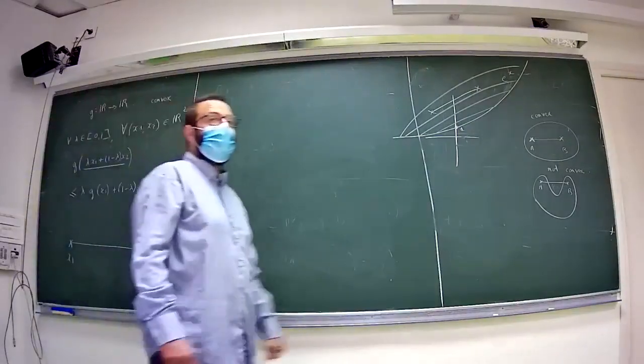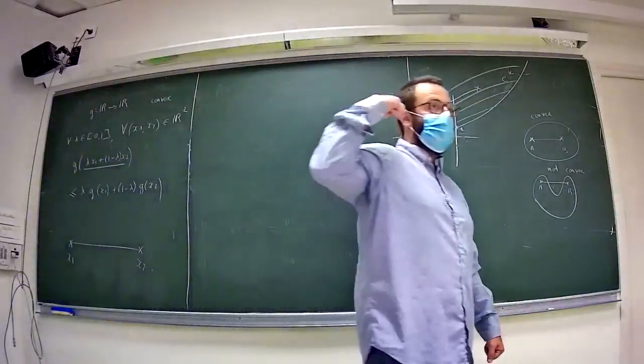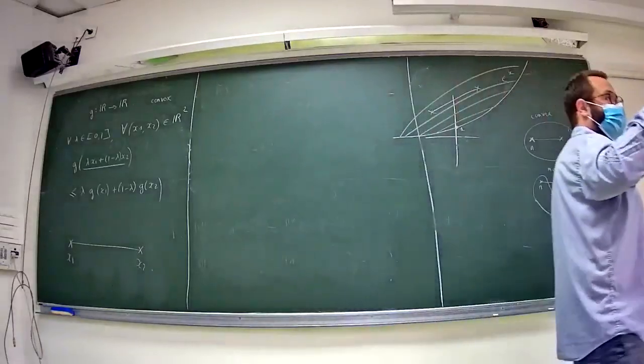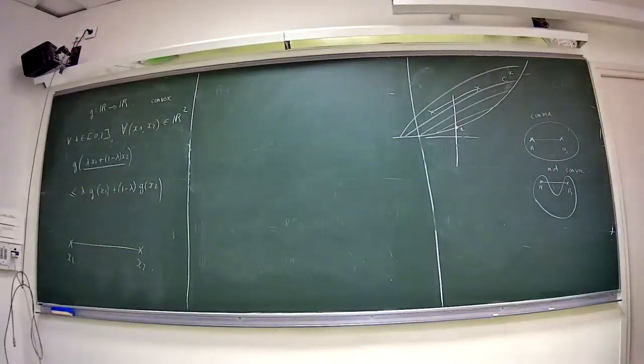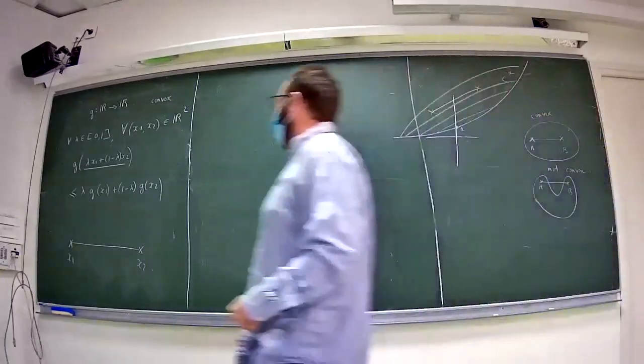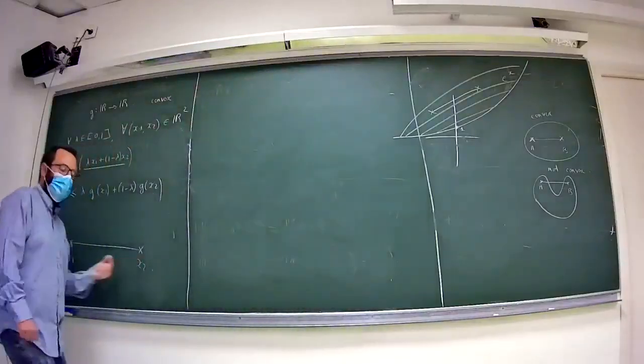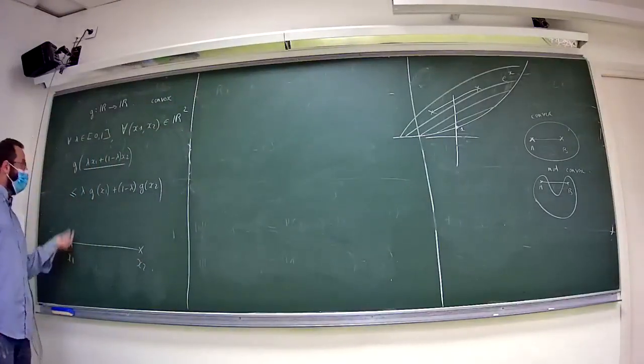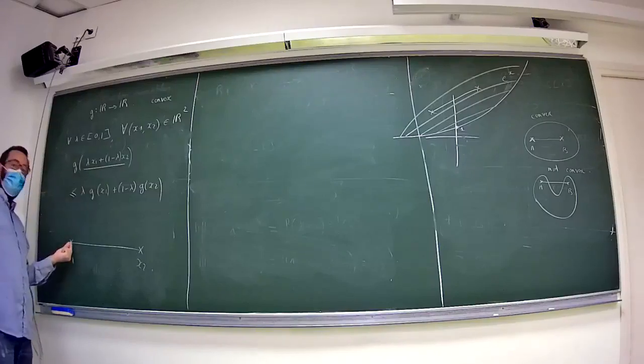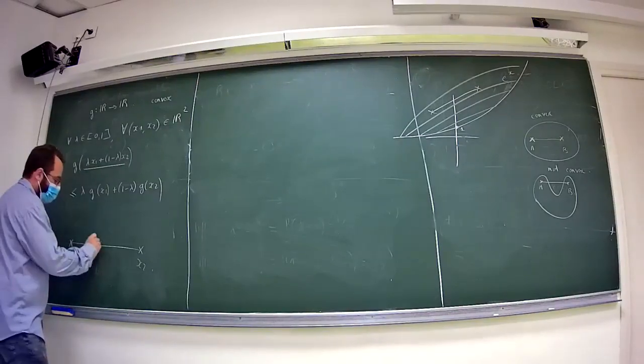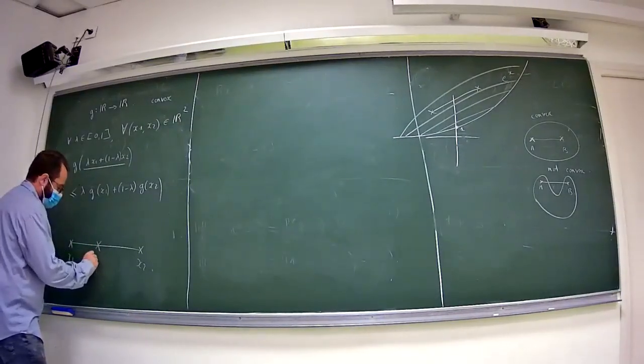A linear combination with the sum of the coefficients equal to 1, and all of them positive. So where is the point lambda x1 plus 1 minus lambda x2? Yeah, so it's between. If you take lambda equal to 1/2, you obtain the middle. If you take lambda that is very small, you will be near this one. If you take lambda very near to 1, you will be near x1. So you have a point here, just here.